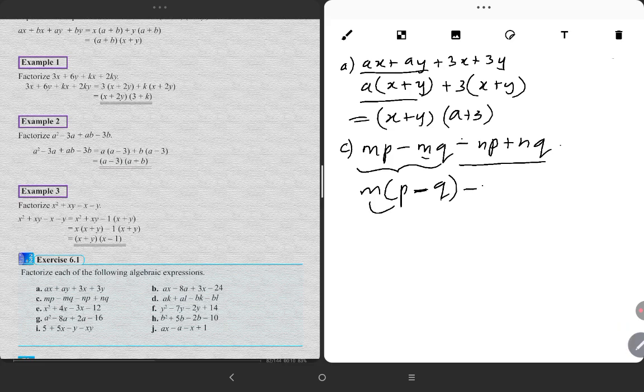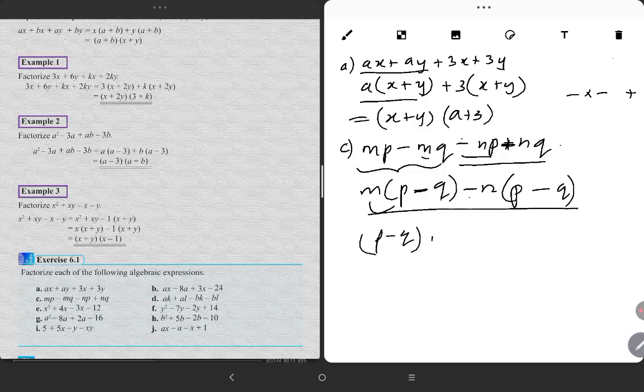So the better thing is to take minus n out. Then for this term, minus is already there, so what's remaining is p. But for this plus, we have already taken minus out. So remember, minus times minus is plus. So this becomes minus q, which is obviously easy for us to see now. p minus q is common between these two. So we can take p minus q out, and what's remaining is m minus n. So this is the factor of that.